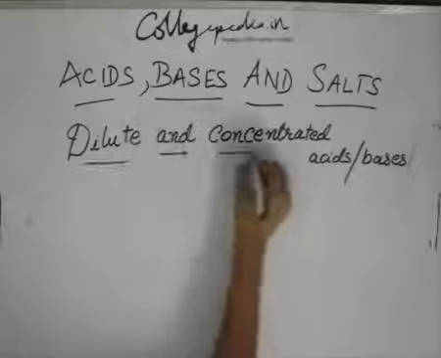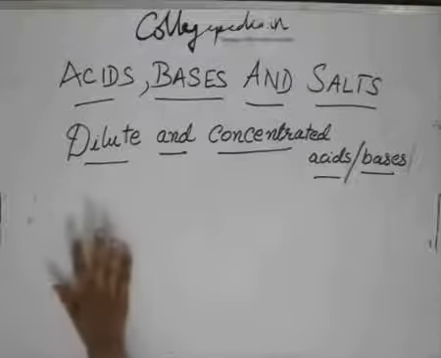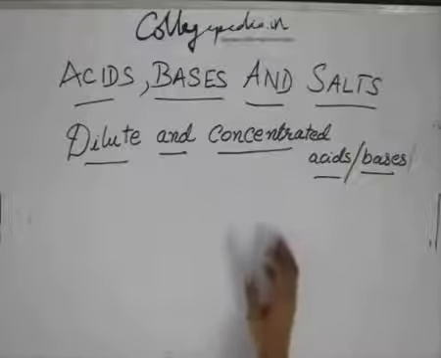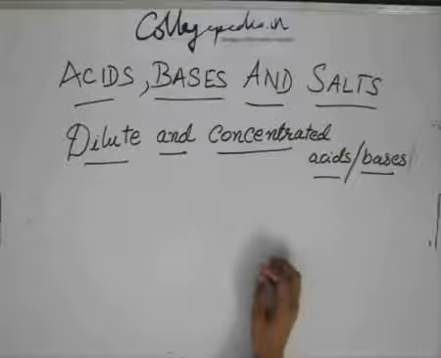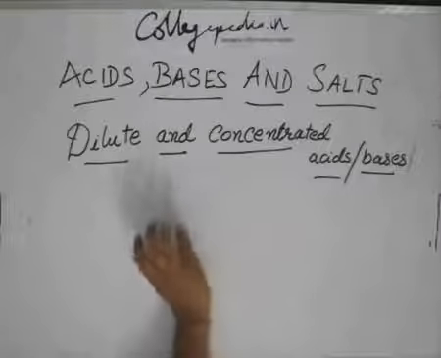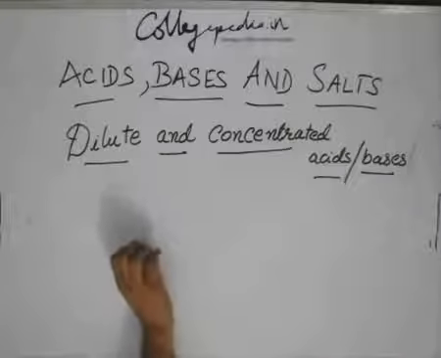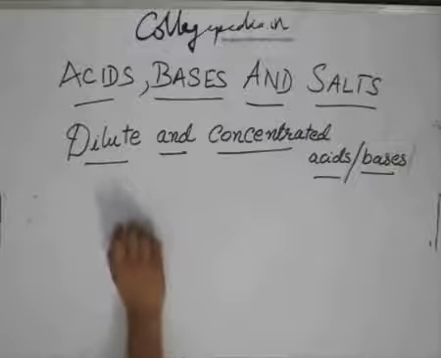Now this is our next topic of concern: dilute and concentrated acids or bases. We have heard these terms many times: dilute and concentrated. Suppose you have some lemon juice and then you add sugar to it, and you add very less sugar, so the taste is not very sweet.